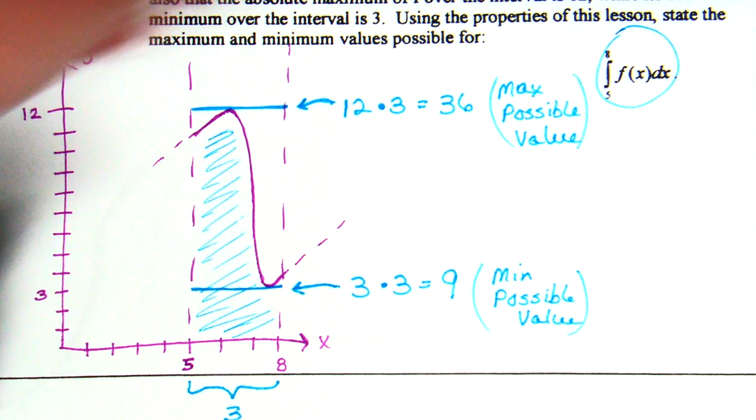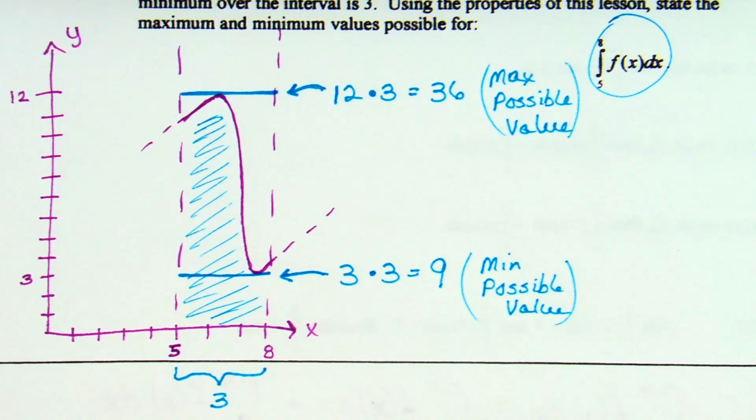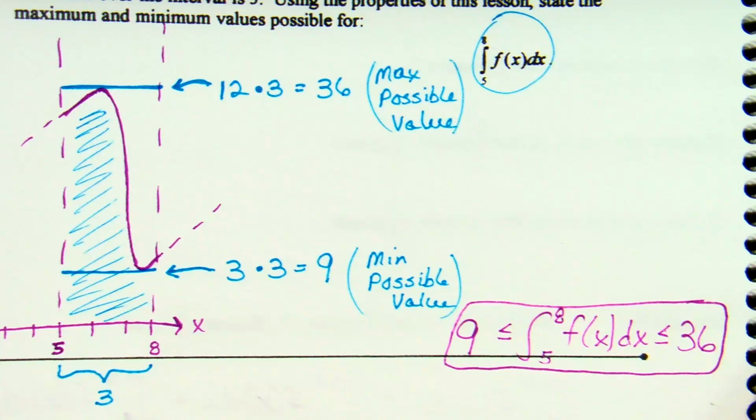And so how I was going to write my final statement is that 9 is less than or equal to the integral from 5 to 8 of f of x dx, which is less than or equal to 36. That's my summary statement, showing that the integral is somewhere between 9 and 36. It's less than or equal to 36, but greater than or equal to 9.